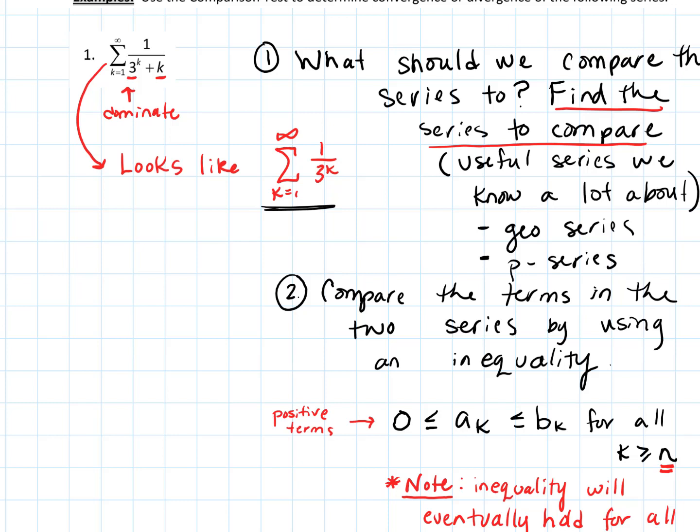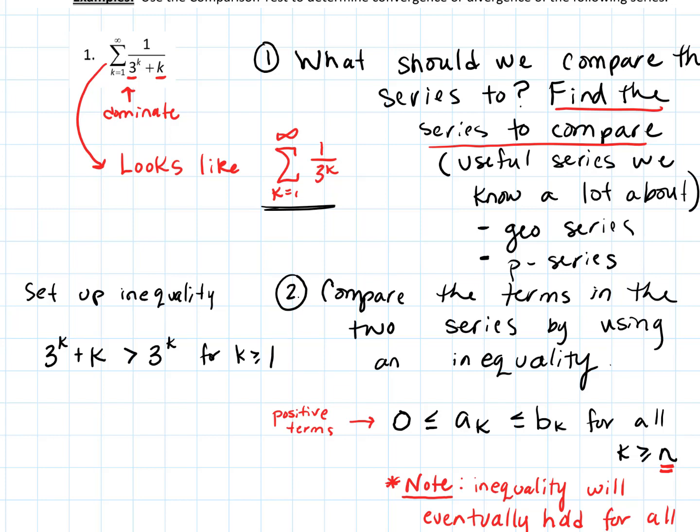So for our inequality, what we're going to do is say this. Notice that if we were to take 3 to the k and add k, that is just by default greater than 3 to the k for k greater than or equal to 1.